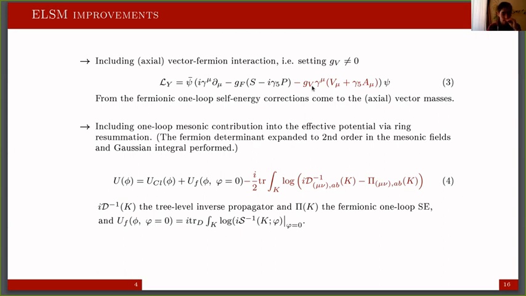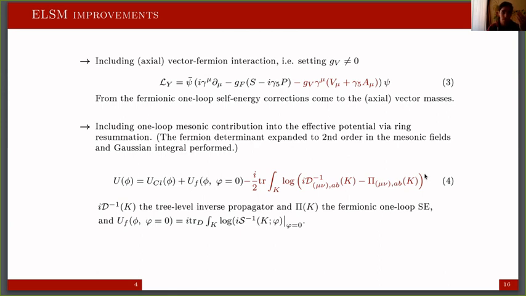The other thing that was not included in the latest model is that we did not have mesonic corrections in the effective potential, but it was included in a way at the level of the pressure, and one can include it already at the level of the effective potential in a Gaussian approximation.